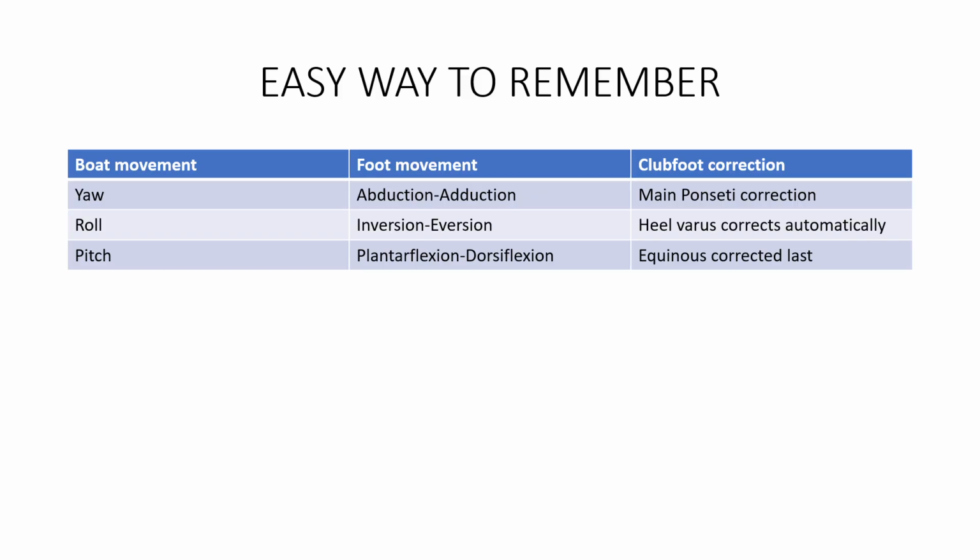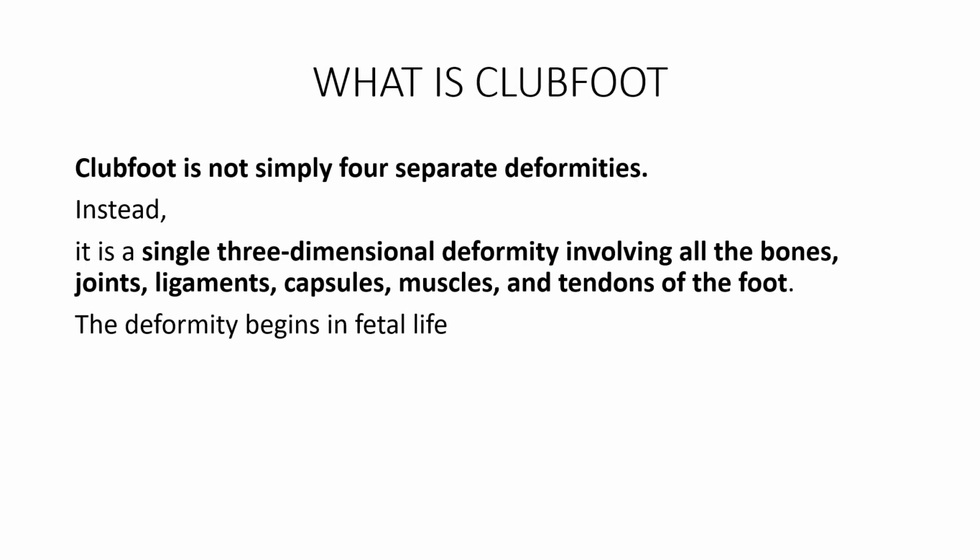In clubfoot correction, abduction is the main movement which is responsible to correct adduction, and when adduction is corrected, heel varus automatically corrects, and finally equinus is corrected by percutaneous tendo-Achilles tenotomy.